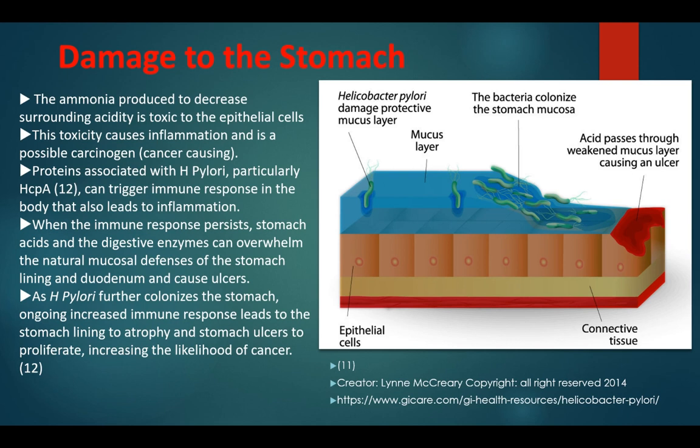The ammonia allows it to stay there, but the ammonia also is toxic to the epithelial layer, so it ruins this stomach lining. It creates an immune response, more acids. So basically, it sits there against your stomach wall, and then your stomach acid ruins your stomach lining, creating ulcers.